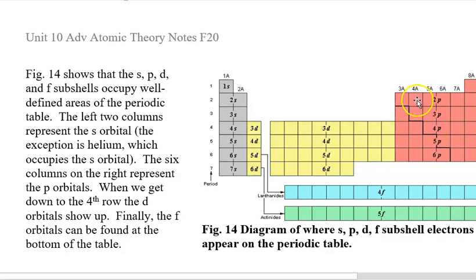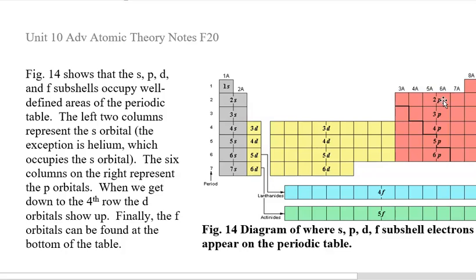Next would be carbon, and it has 2 electrons in its 2p orbital. Next is nitrogen. It has 3 electrons in its 2p orbital. So 2 electrons in its 2s and 3 in its 2p.